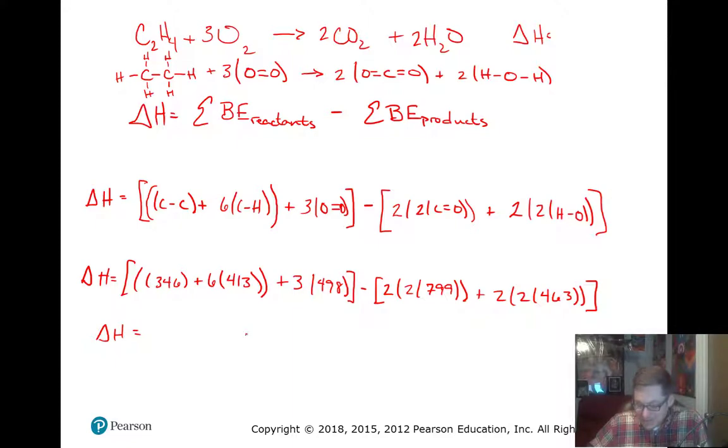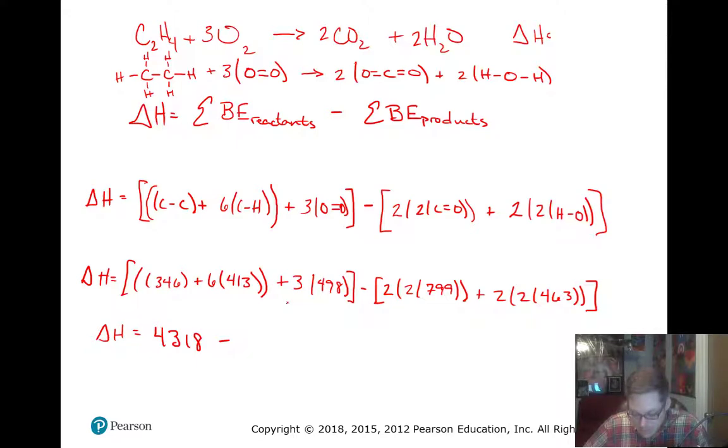Okay. 346 plus 6 times 413 plus 3 times 498. So on the reactant side here, I got 4,318 kilojoules per mole. So now we're going to subtract out the product side. So that's 2 times 799 plus 2 times 2 times 463.